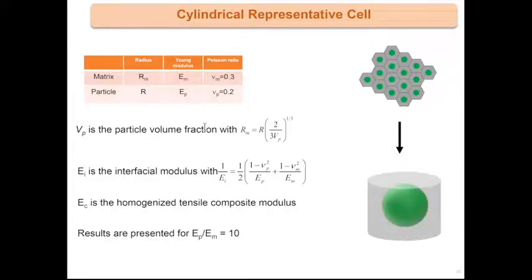I define the radius of the particle, the radius of the matrix, and the particle volume fraction. I also introduce what I call the interfacial modulus, which is a kind of harmonic average of the modulus of the particle and the modulus of the matrix. I will present some results only for a given ratio of the elastic moduli of the particle and the matrix.